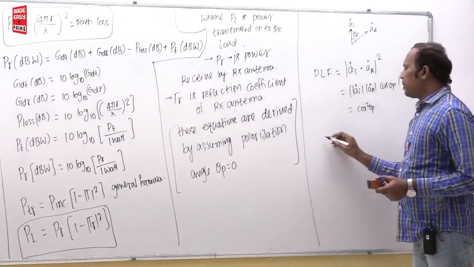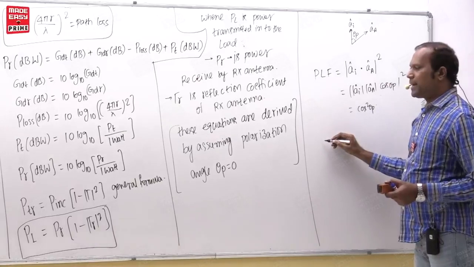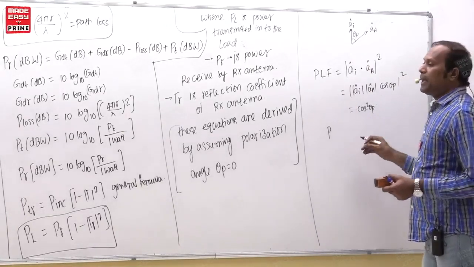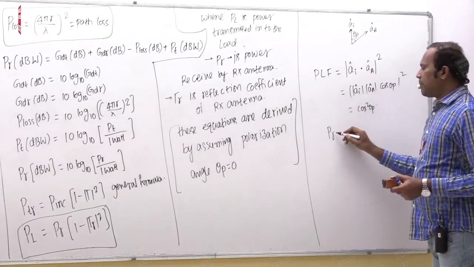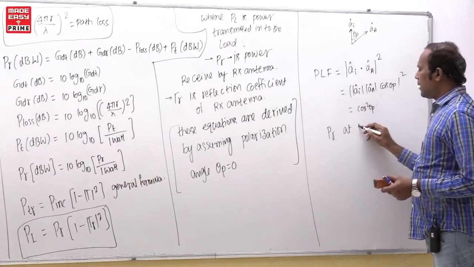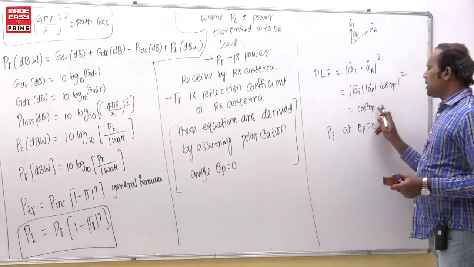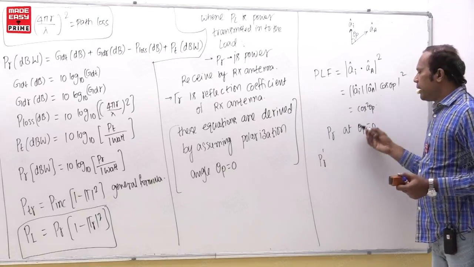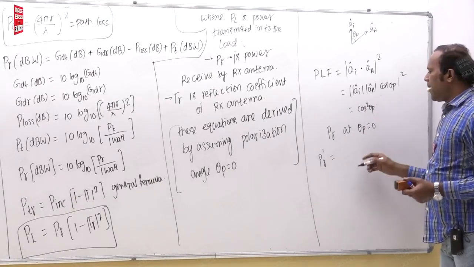So students, if there is a polarization match, let us say the power received is PR at theta p equal to 0. Theta p 0 means cos 0 is 1. Then how much power is received whenever there is a mismatch?